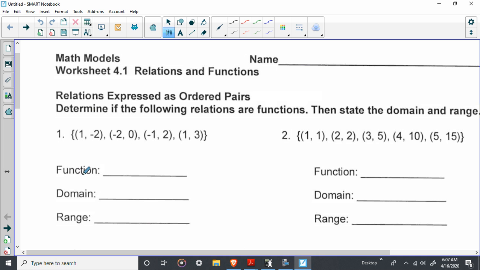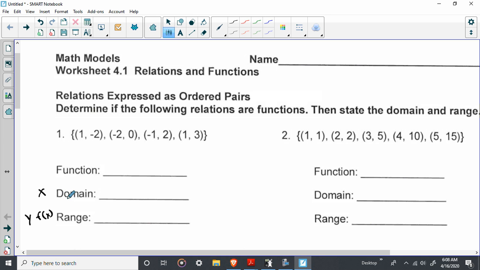So your domain is essentially going to be your x values, and your range is essentially going to be your y values, or as we're now calling them, your f of x values. How do you remember which is which? I always tell people that x comes first, then y comes second in the alphabet; d comes first, r comes second in the alphabet, domain, then range.